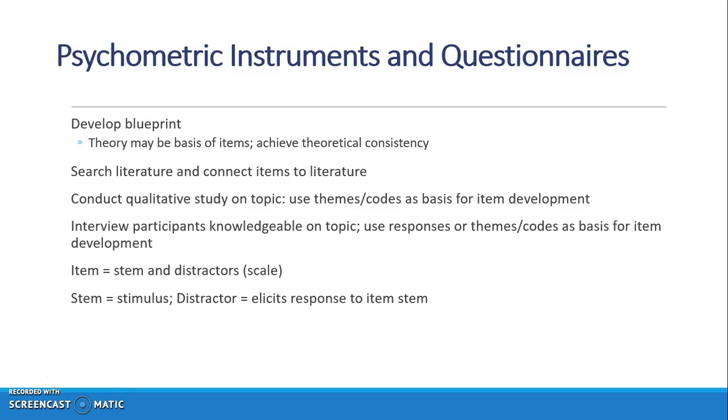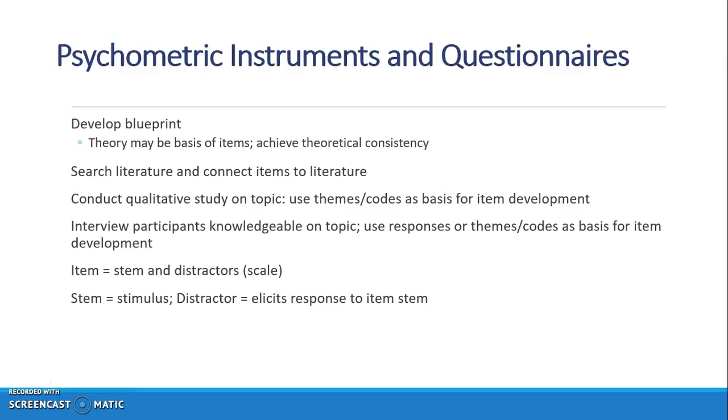Looking at psychometric instruments and questionnaires, the best way to think about development of them, if you're going to do that, is to create a blueprint. You may in fact have a theory that guides the instrument development, so that's important to make apparent to everybody who's going to use it.